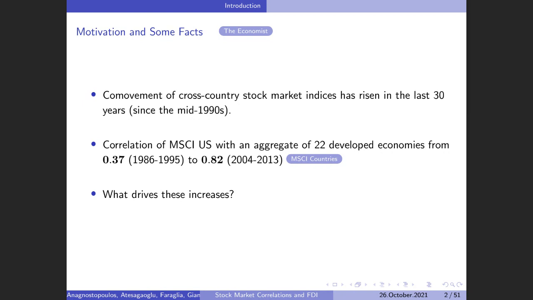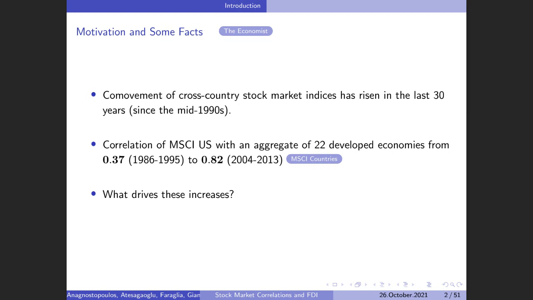Now, the correlation of the MSCI US stock market index, which constitutes half of the index, with the aggregate of the other 22 economies, which we call the MSCI excluding US index. You can look at different correlations. What we were looking at is bi-weekly or weekly stock market indices.